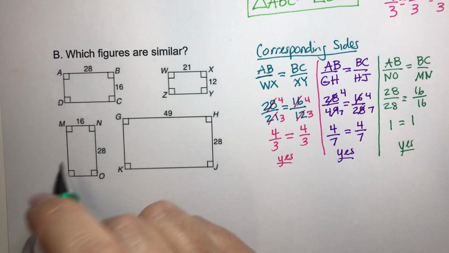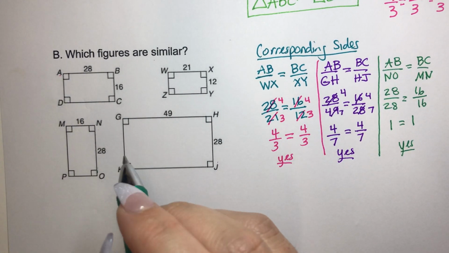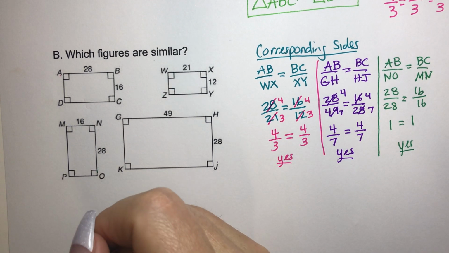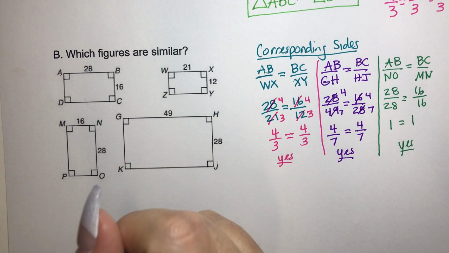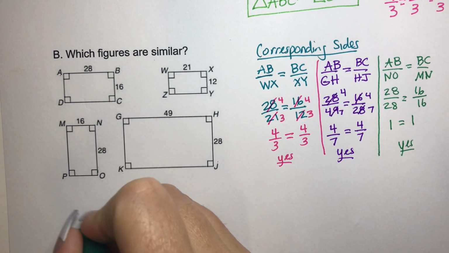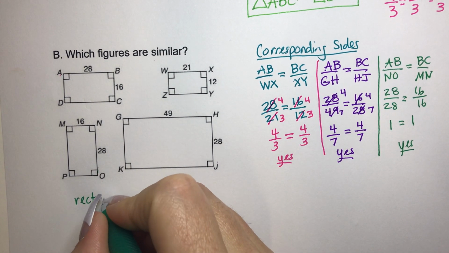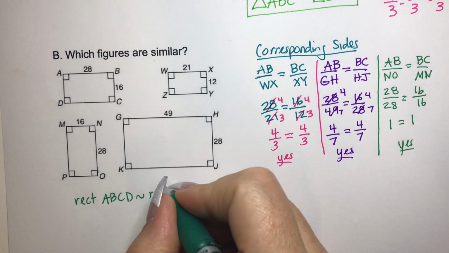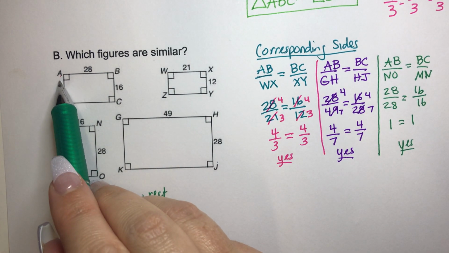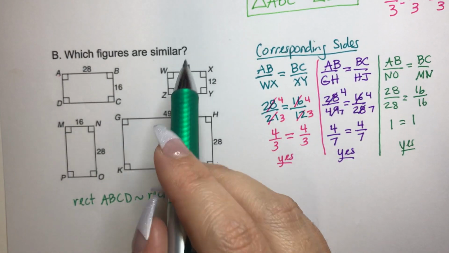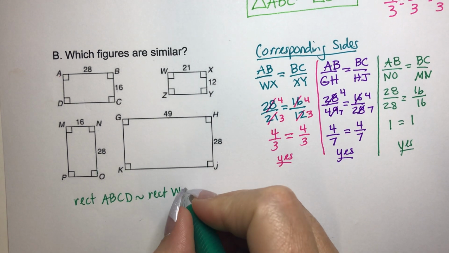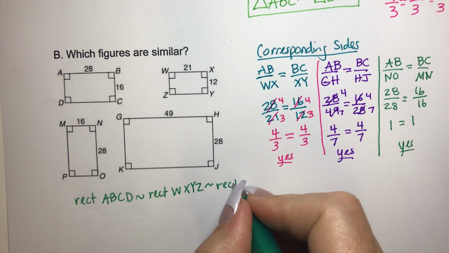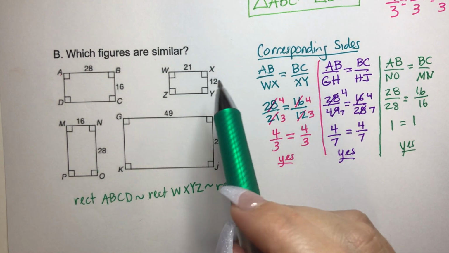So we're gonna say A, B, C, D. Okay, so I'm gonna say rectangle ABCD is similar to rectangle, and I have to line it up right. So I started here with A, so I'm going to go here with W. WXYZ is similar to rectangle. So what did I do?